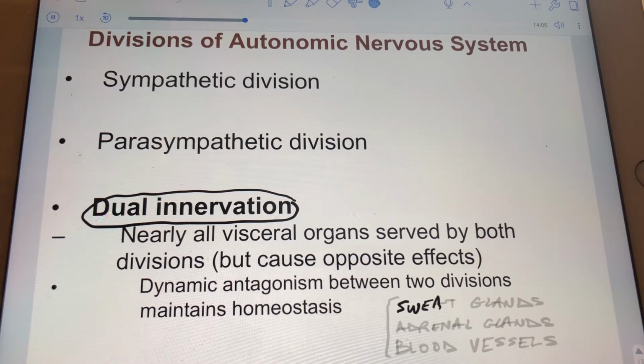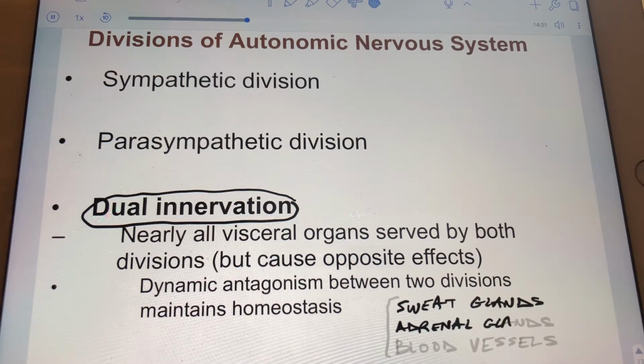Some of those exceptions: sweat glands are only innervated by the sympathetic nervous system. Adrenal glands are only innervated by the sympathetic nervous system.